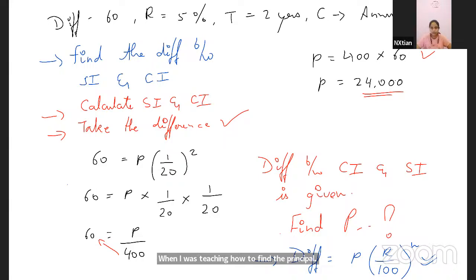That time only I taught you that formula. Means for that particular thing only, we will use that formula. Remember this now. Ma'am, where did I lose the marks? I lost the marks only in the third question. Because you used that formula.